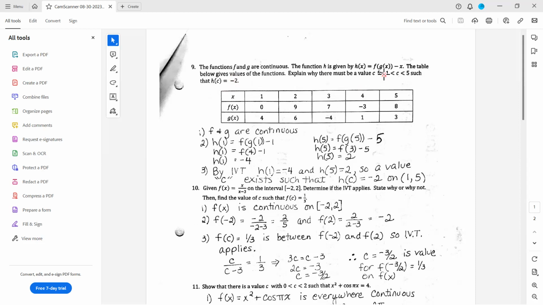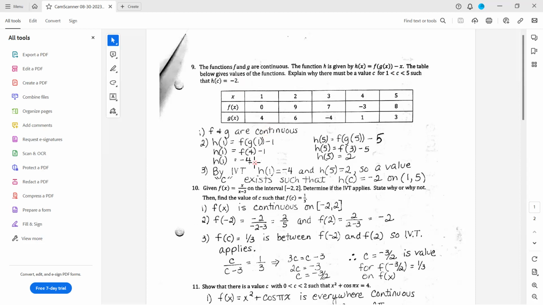And my output values for the ends of my interval, H of 1 and H of 5, have to enclose, or be an interval in which this -2 falls, in order for IVT to apply.